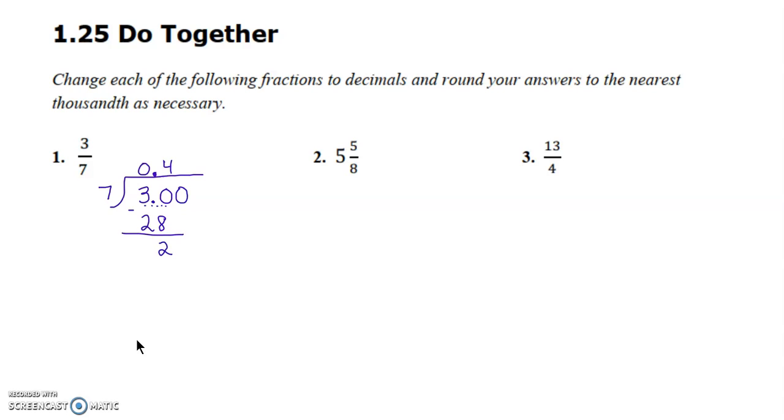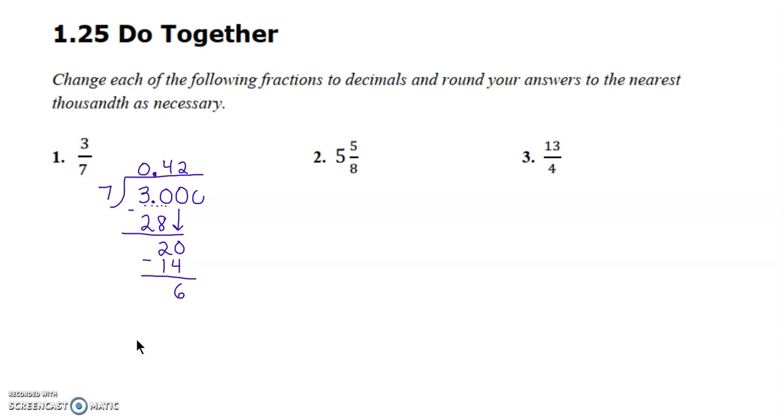We're going to add a 0, bring it down, and divide again. 7 goes into 20 twice. 2 times 7 is 14. We subtract. 20 minus 14 is 6.